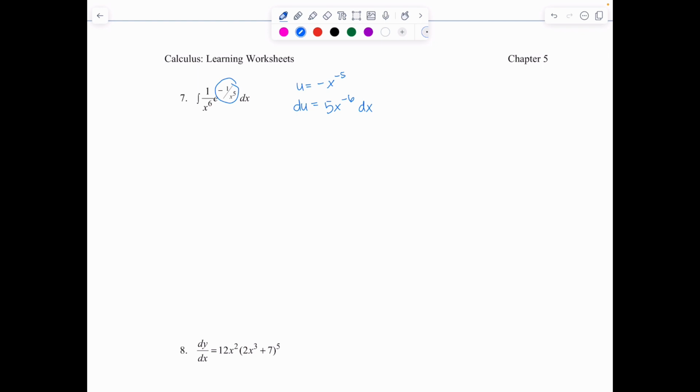So this is going to give us, I can see the x to the negative 6, I can see dx. We have an extra 5 here, so the only thing we'll have to do is divide out that 5. So 1/5 integral, I have u, I have du. So we've got e to the u du, all represented here.